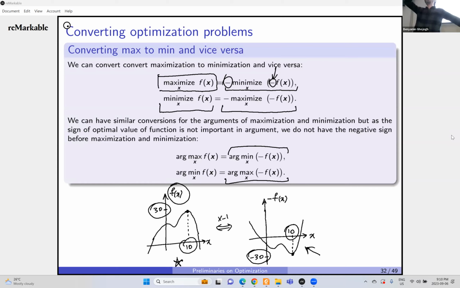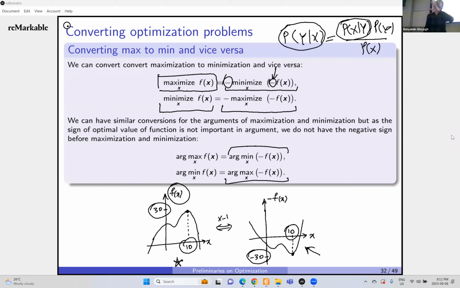But consider the Bayes rule: probability of y given x equals probability of x given y, times probability of y, over probability of x. Sometimes they call this likelihood, and they call this posterior. Anyways, you can see likelihood as probability, right?